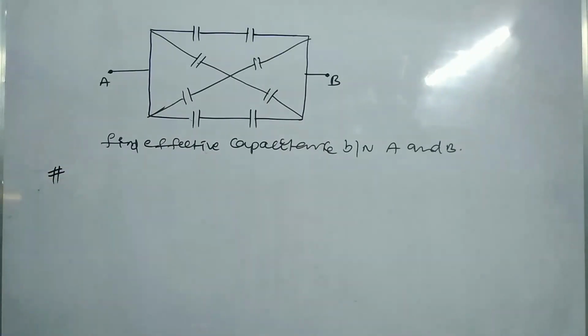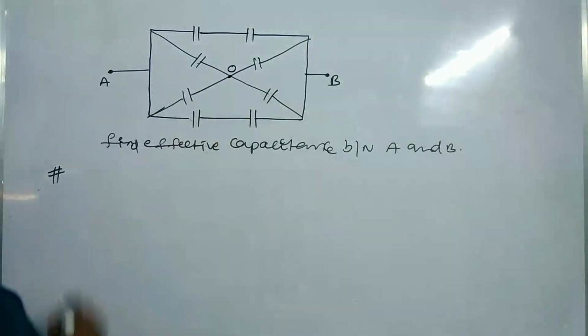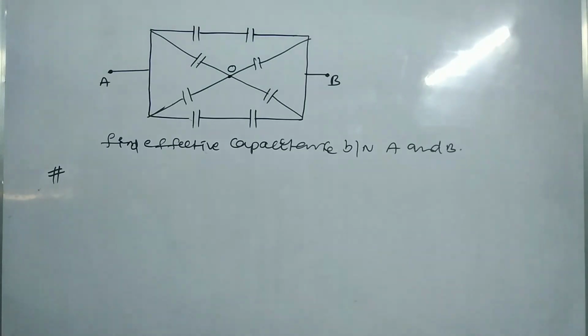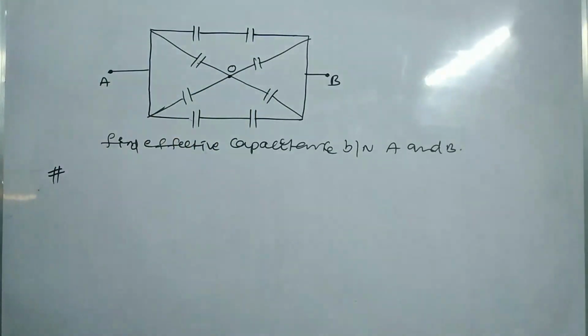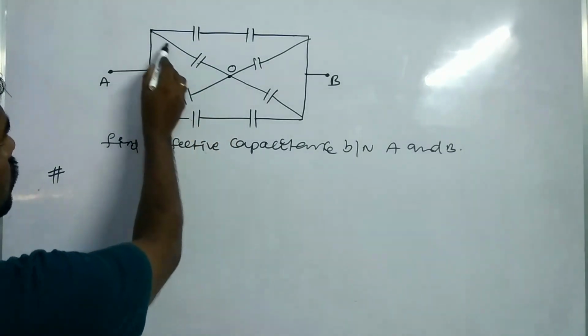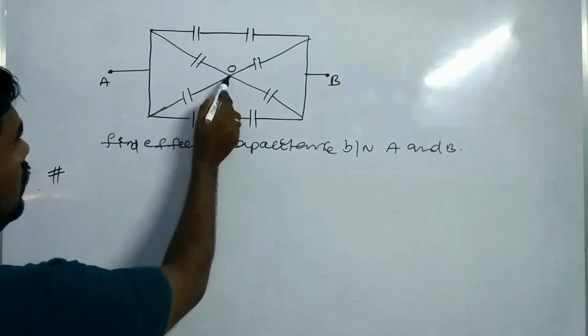What you have to assume: redraw the diagram, with the point here being O. So this is the shape of a square, and the center point is O. Here these two are connected, and this one and this one are connected.